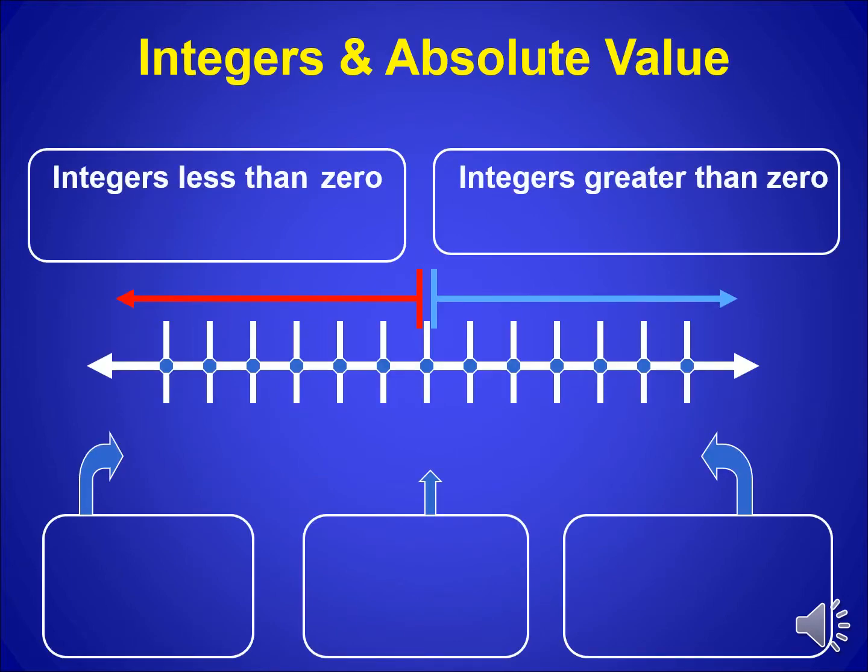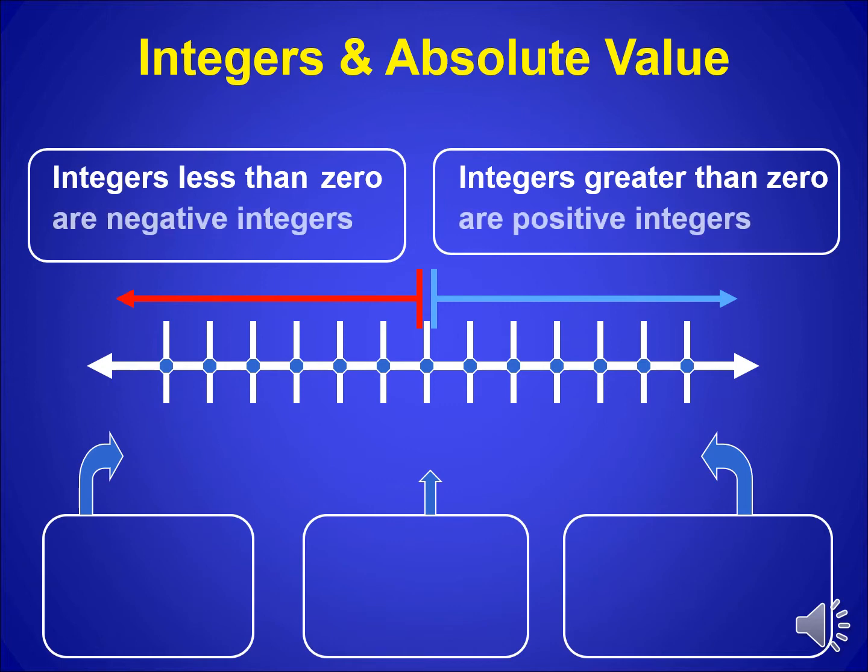This is a number line. The integers less than 0 are on the left of the 0, and the integers greater than 0 are on the right of the 0. The positive integers are on the right, greater than 0.